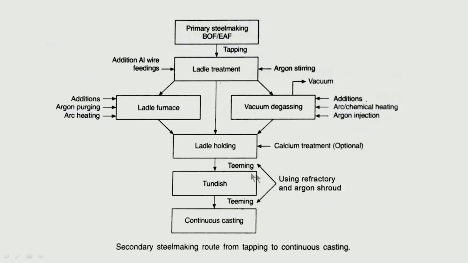So, we have to be careful about this teeming. We must do this teeming with the help of a refractory shroud together with argon rinsing. Argon passing through the refractory nozzle will help protect the stream and will not allow it to react with oxygen and nitrogen.